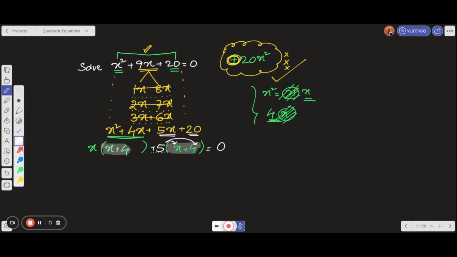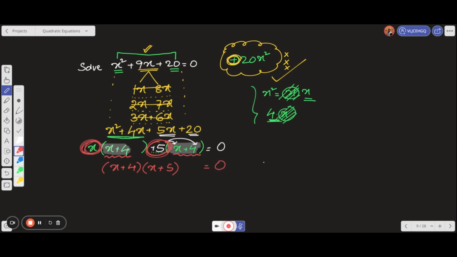Well, now, do you see something same again? I see that x plus 4 is repeated. So let me take that x plus 4. If I take x plus 4, what is left over means we see that x is left over. So let's write that one in the next parenthesis. And here positive 5 is left over. So let me write it in the next parenthesis.